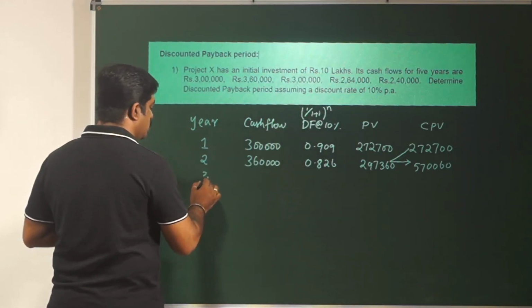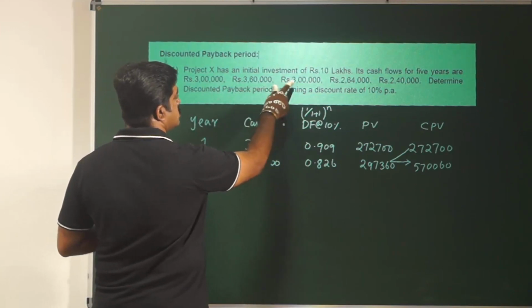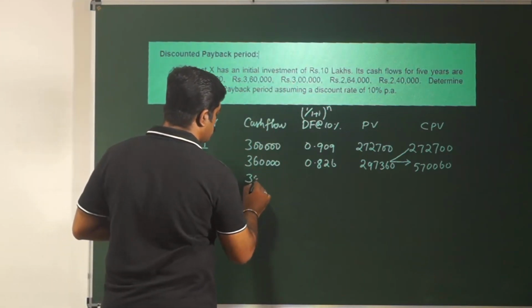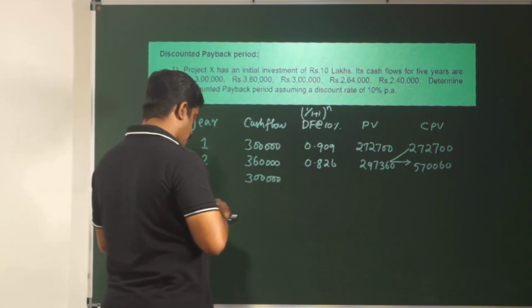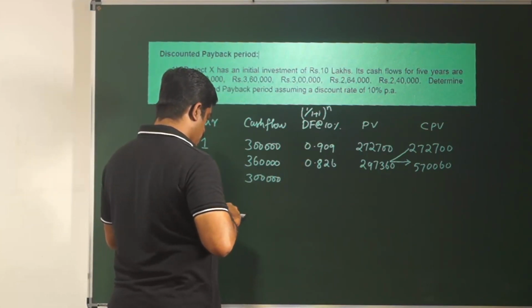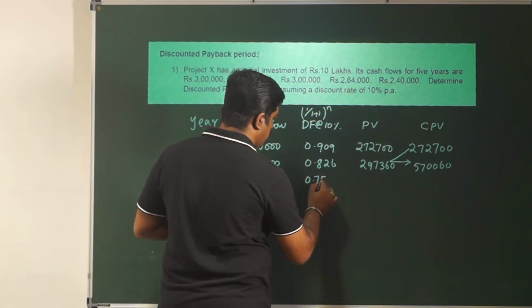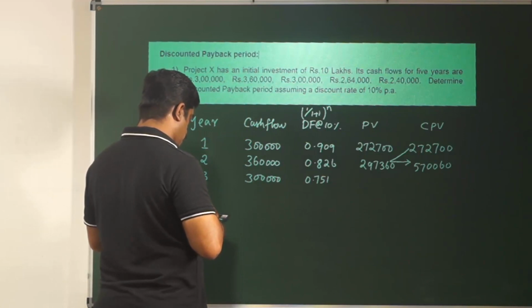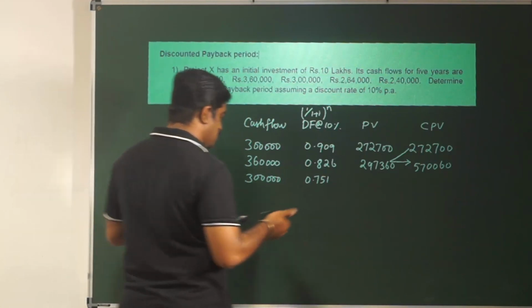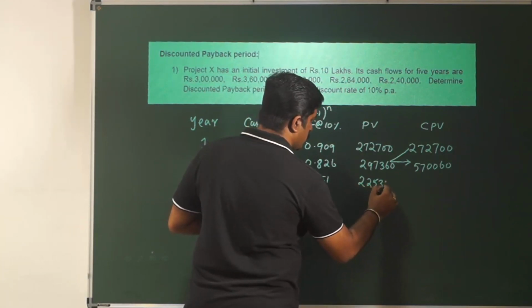Then moving on to year 3, what is the cash flow? Year 3 cash flow is 300,000. Now the discount factor for year 3, that is 1 divided by 1.1 to the power 3, we get 0.751. So 0.751 multiplied by 300,000 will give us 225,300.